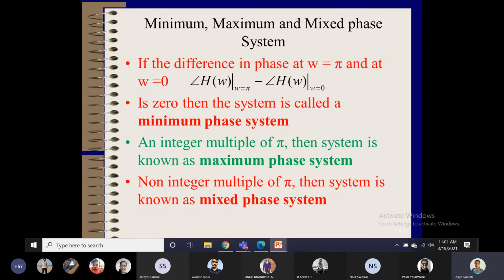All these we require for filter design, to understand the characteristics and the stability of the system. That is why the system description says it will be a minimum phase, a maximum phase, or a mixed phase system.